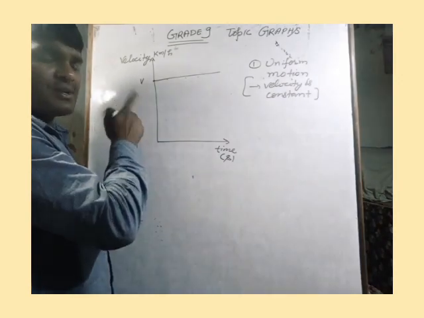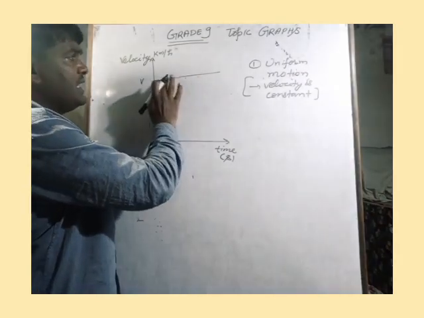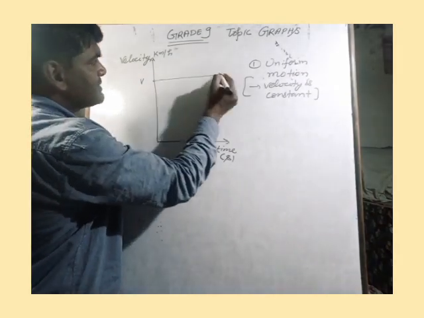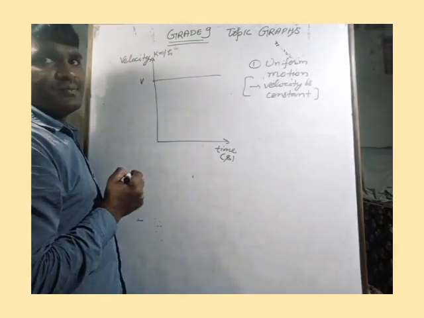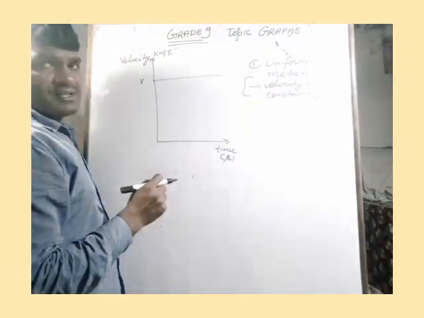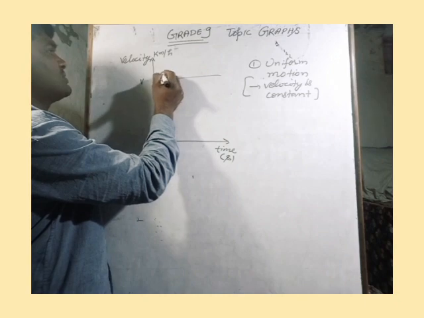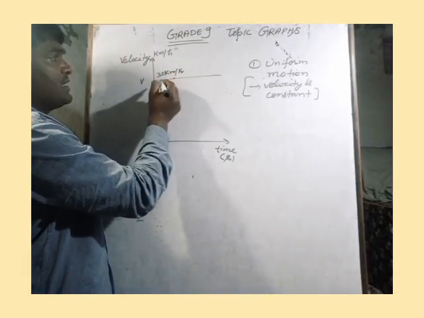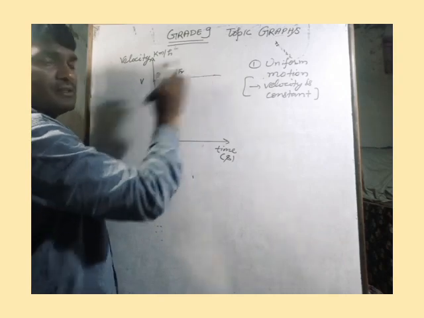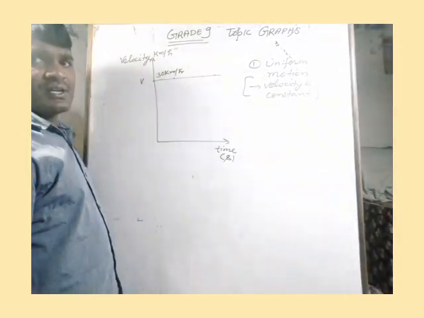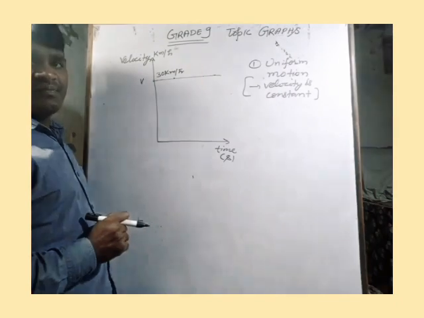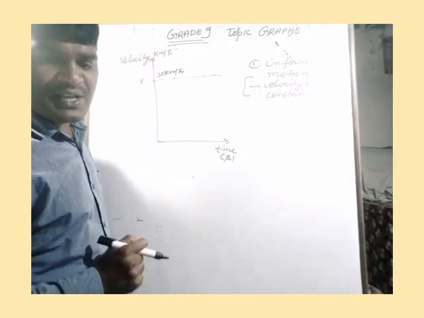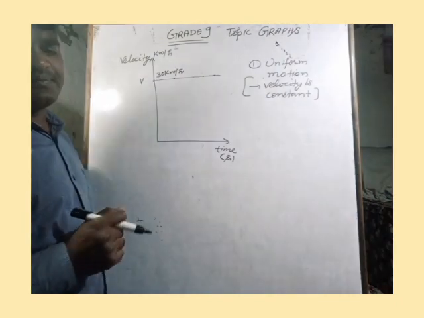So the velocity time graph will be a line parallel to the time axis once again, because velocity is not changing, velocity is constant. Let velocity be 30 km per hour, here it is remaining 30 km per hour for a long time. So the velocity time graph will be like that.